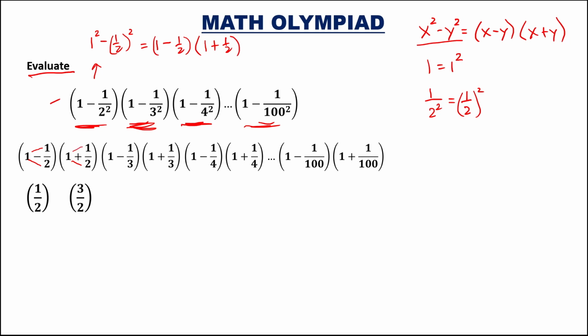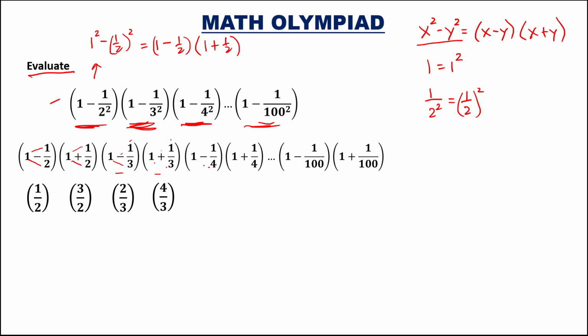So this is 3 over 2. Then for this, 1 times 3 is 3, minus 1. So this is 2 over 3. Then this is 3 times 1, that's 3, plus 1. So this is 4 over 3.